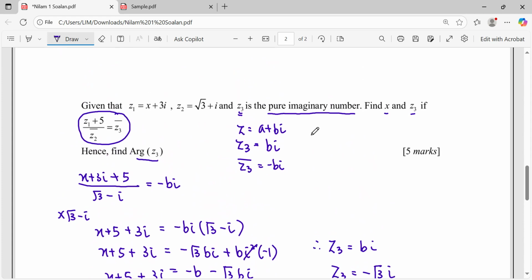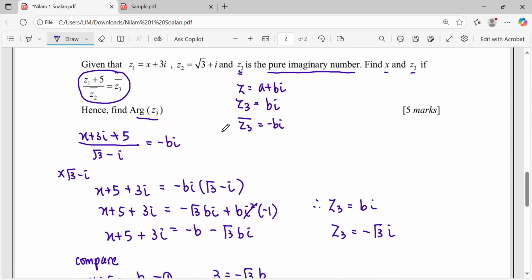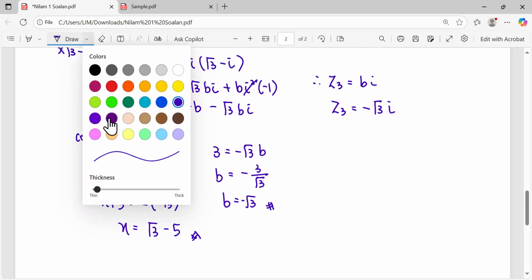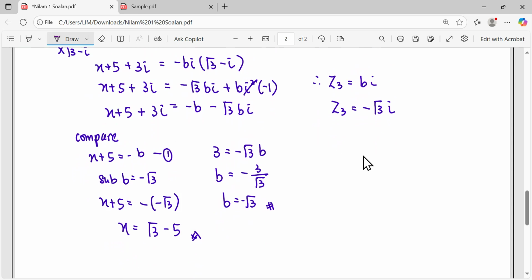After that, this question has another task, to find the argument of Z3. So to find the argument means to find its angle. For Z3, we identify its position in the Argand diagram. This is your real part. This is your imaginary part. Your real part is 0. Imaginary part is negative, Z3 is here. So what is the angle it makes to this?